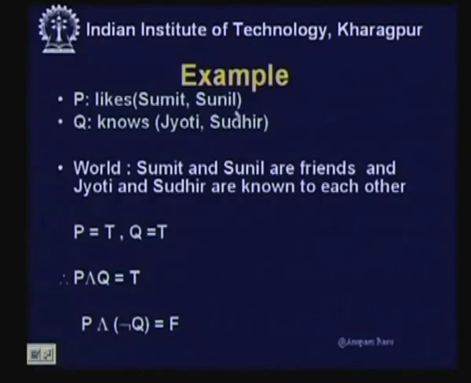You see that the world that we are talking about plays a very important role, because the truth value of this proposition would have varied depending on the world in which you are interpreting. You can see that P and Q is true, but now not Q, which was true in this world, is false in the same world. So now this is false, P is true, so P and not Q is false.